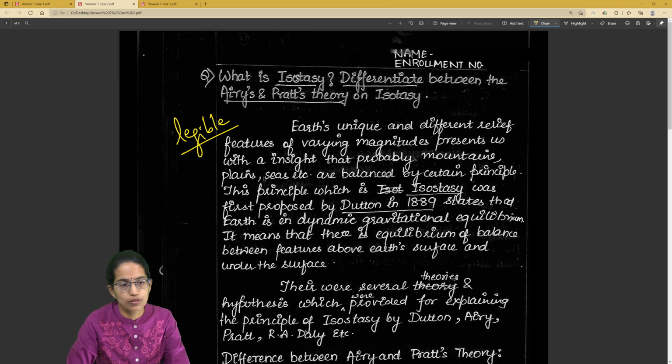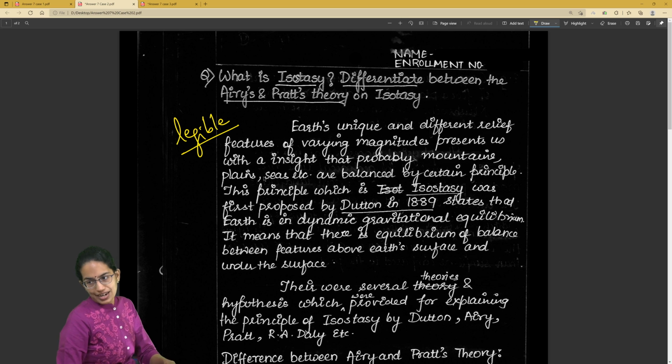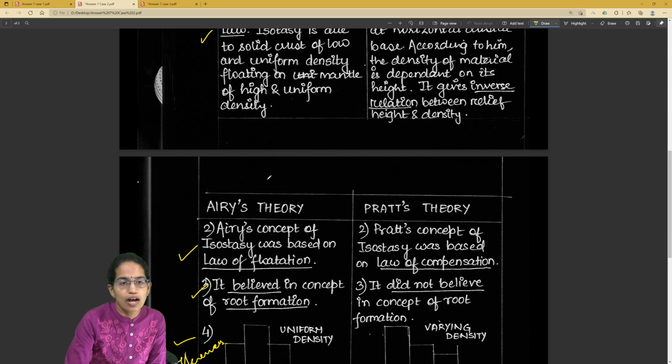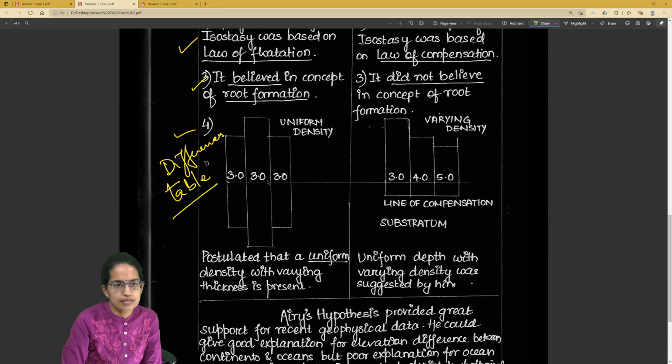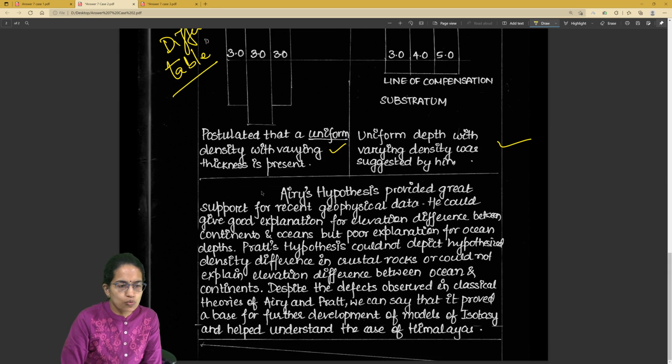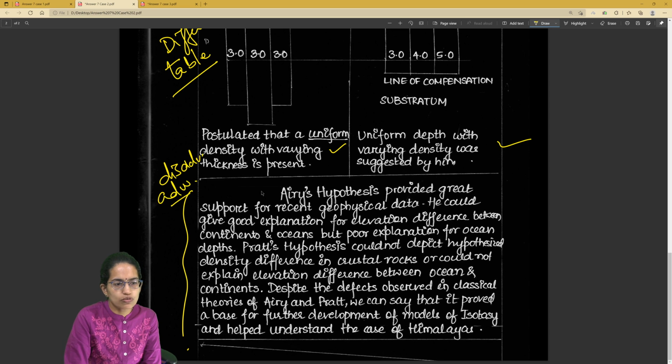This is something you cannot change at a given stage, but definitely if you have clear legible writing with clear underlines of the key points, for example on which law these are based, what the basic concept is, what they believe in, what they don't believe in, and the basis on which the concept is explained, and then towards the end, either within the table or beside the table, you can have disadvantages and advantages of each of the theories in the difference format. So this would be a relatively better answer.